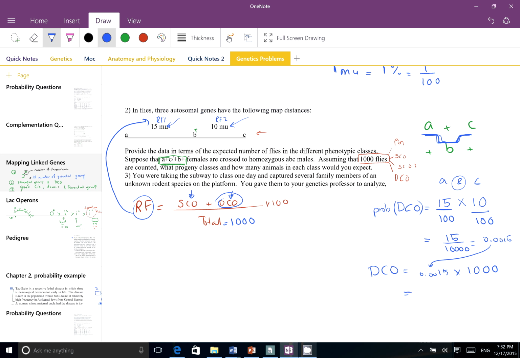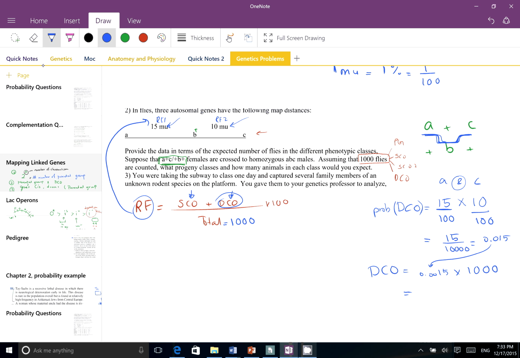Oh my god, I realized what I did wrong, sorry. It's 0.015. If you use the calculator, you get the right answer.